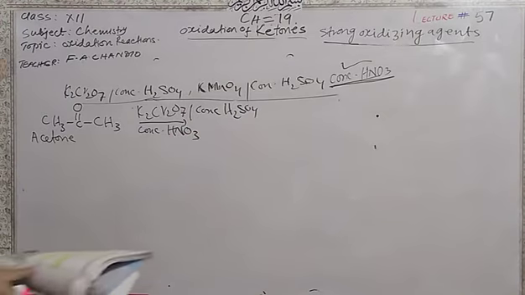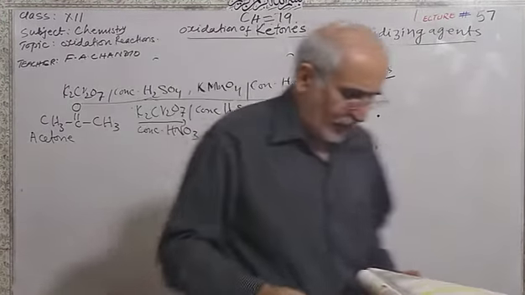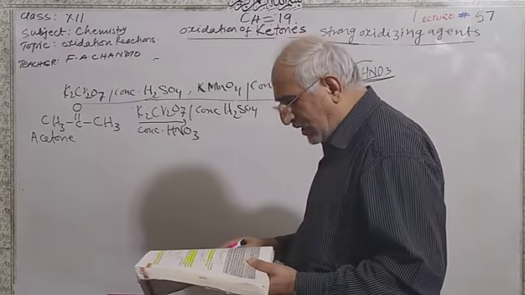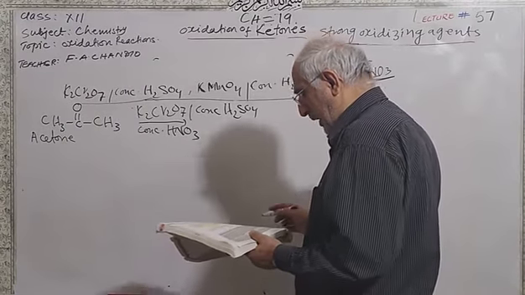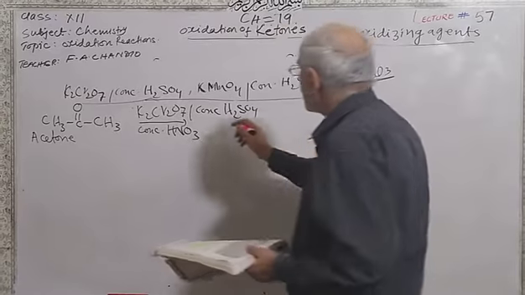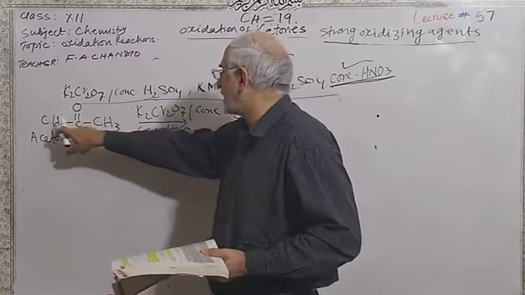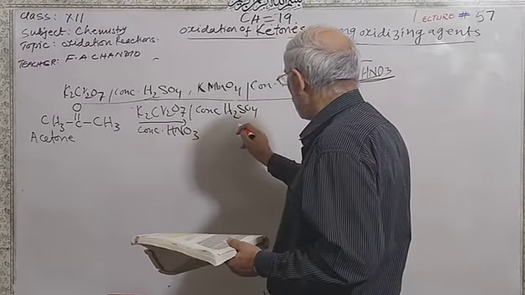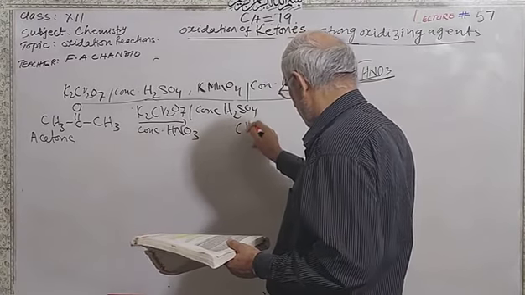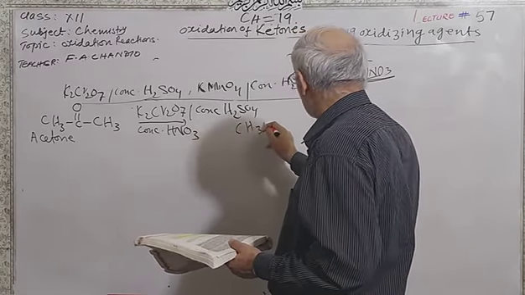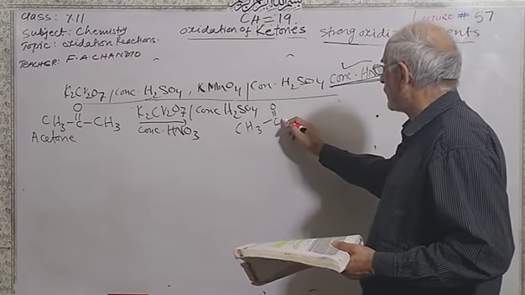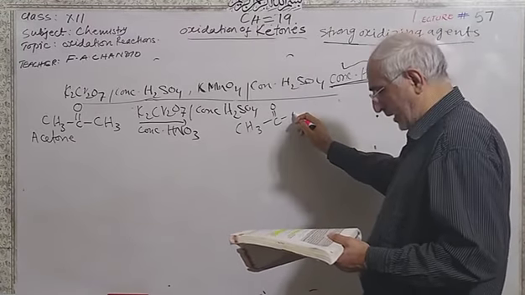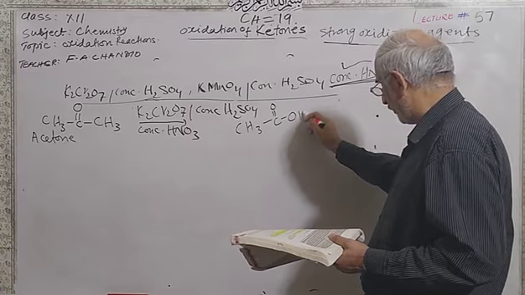In the case of symmetrical ketones, only one carbon atom adjacent to the carbonyl is going to be oxidized. So this carbon is going to be oxidized, or this carbon is going to be oxidized. That is why you will get CH3, C double bond O, and you want to get a carboxylic acid, meaning OH.